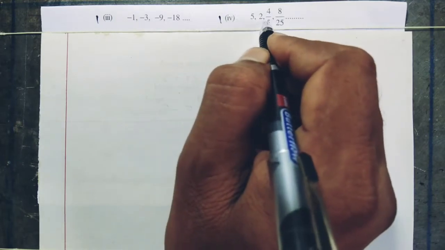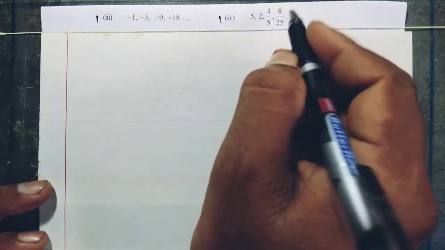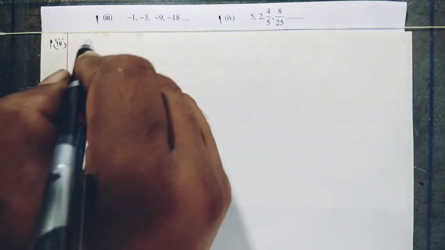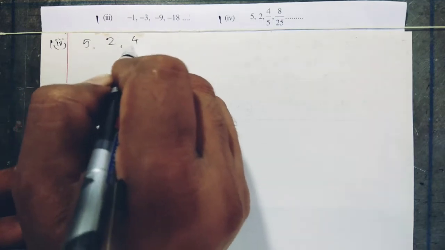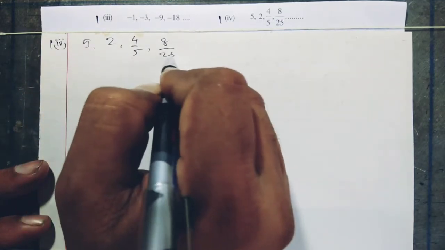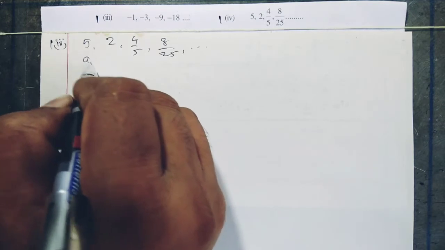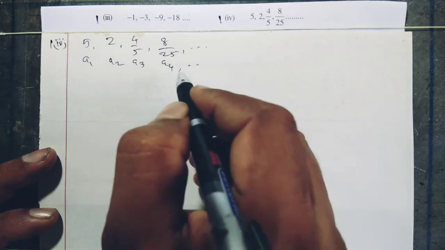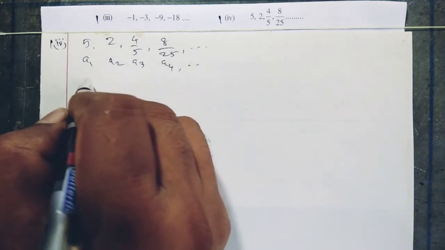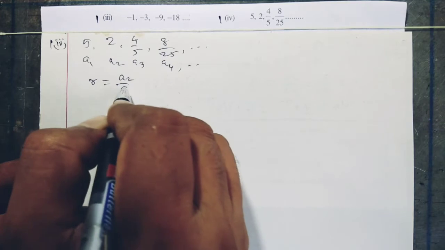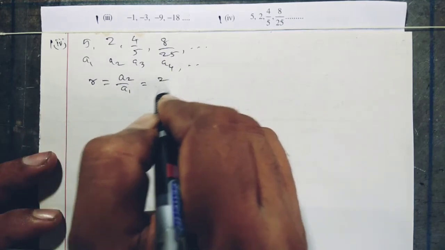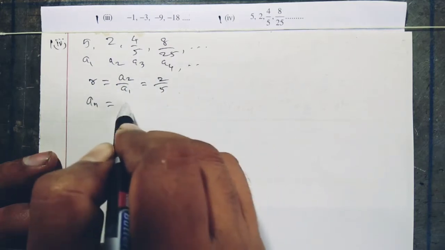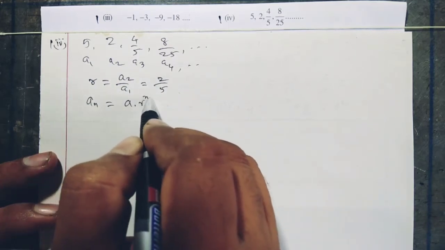First bit, fourth problem: 5, 2, 4 by 5, 8 by 25 and so on. Solution for first bit, fourth problem, 5, 2, 4 by 5, 8 by 25. These are given a1, a2, a3, a4 and so on. So here common ratio r is equal to a2 by a1, 2 by 5, and an is equal to a r to the power of n minus 1.